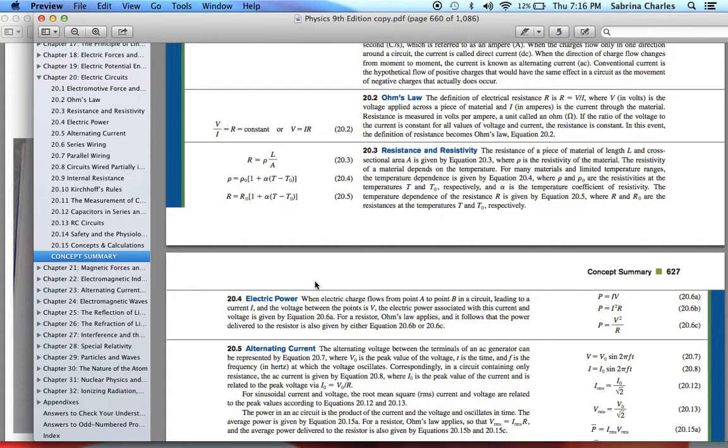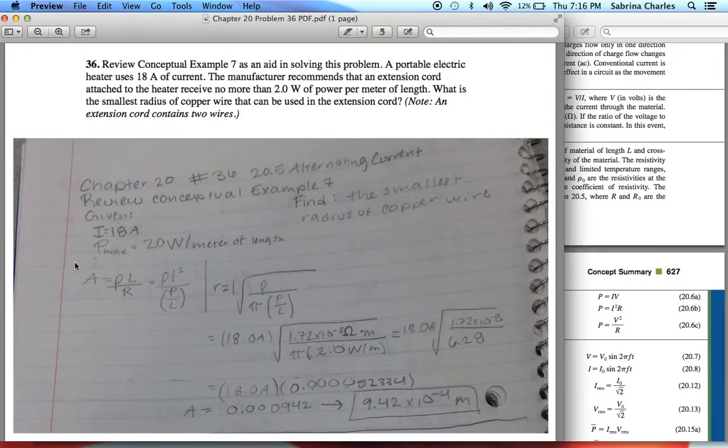Within the chapter, we learned that R is equal to rho times L over A. That's a very important formula because with area, we can find the radius. And we all know that area is equal to pi r squared.